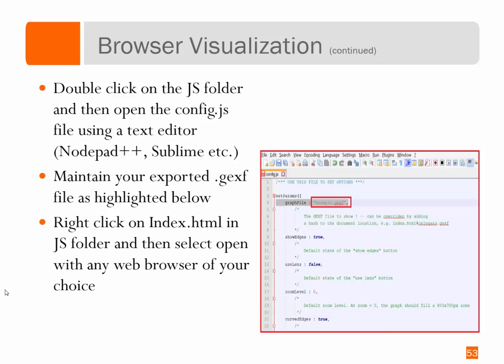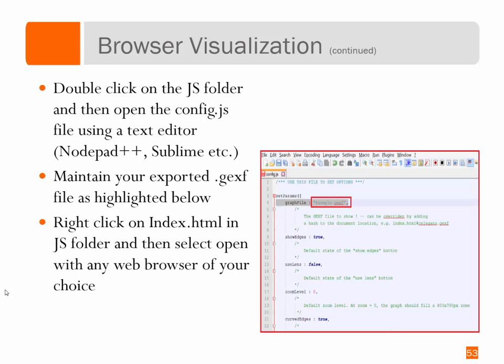And then you'll double click on that JavaScript folder and open the config JavaScript file using a text editor. You can use Notepad, Sublime, Eclipse, any of a number of different text editors.